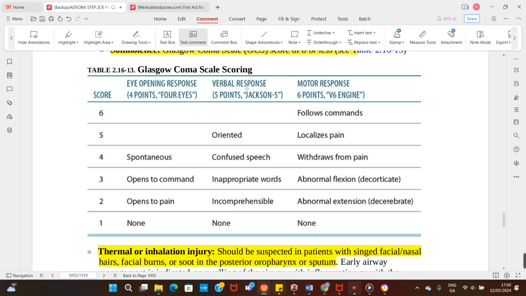If the patient makes a few sentences, but they don't have any logical meaning and are not even conversational, give a score of 3, because those are inappropriate words. If the patient just mumbles, making some sounds that are not comprehensible, that's 2. If the patient doesn't do anything at all, that's 1.